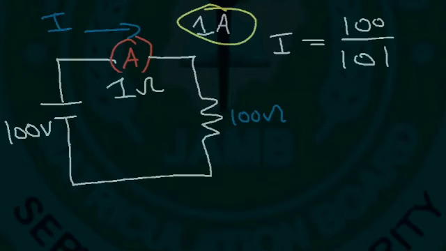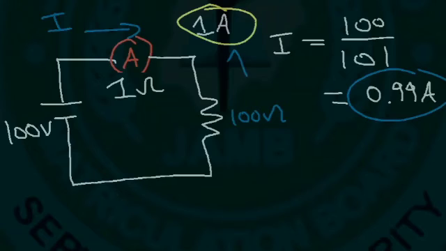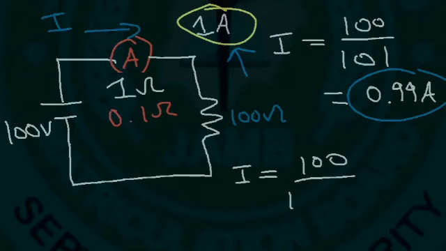So notice that we're going to have a more accurate measurement. If the resistance is 1 ohm, then the current measured is 0.99. Notice that it's closer to the true value of 1 amp. Now what if we decrease the internal resistance to, let's say, 0.1 ohms? Notice that it's going to be even more accurate. 100 divided by the total resistance of 100.1.